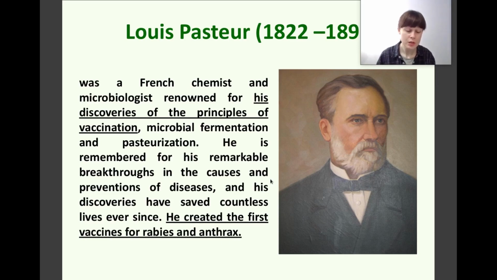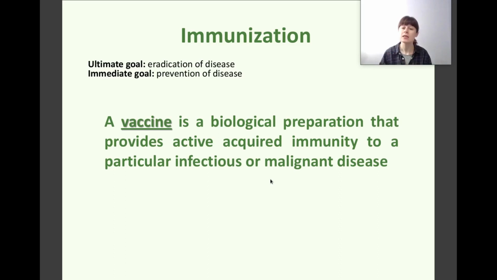Application of Louis Pasteur's methodology made it possible to create vaccines against many viral and bacterial diseases that we also use nowadays. So, the vaccine is a biological preparation, a biological medicine that provides active acquired immunity to a particular infectious or malignant disease. And the ultimate goal by WHO is the eradication of specific diseases by vaccination.